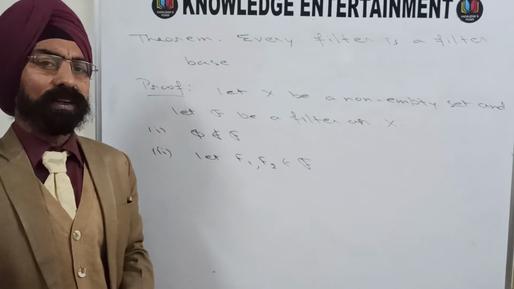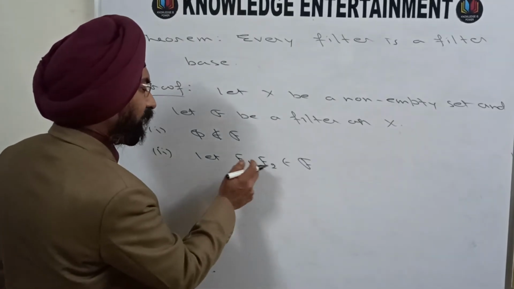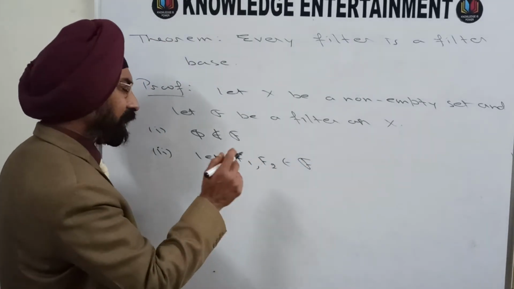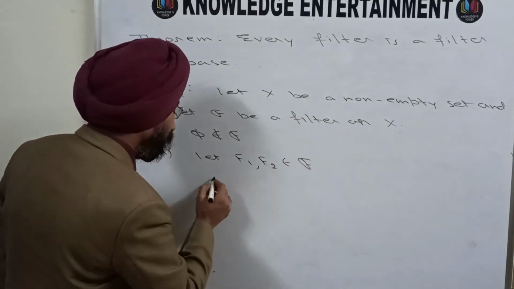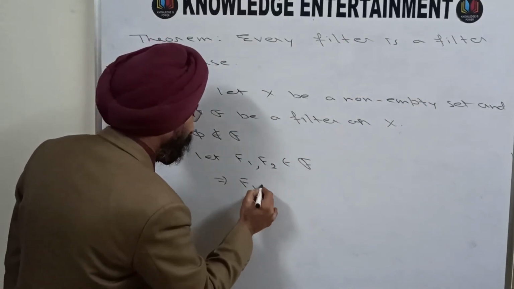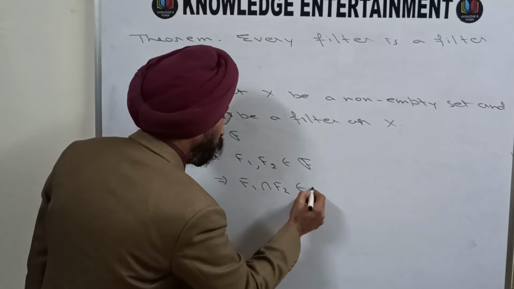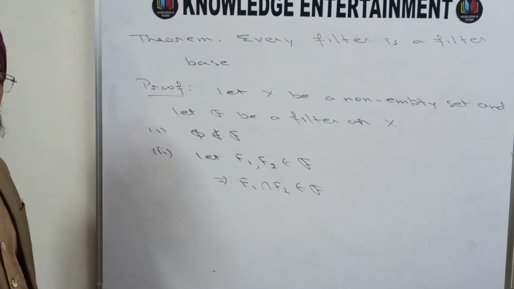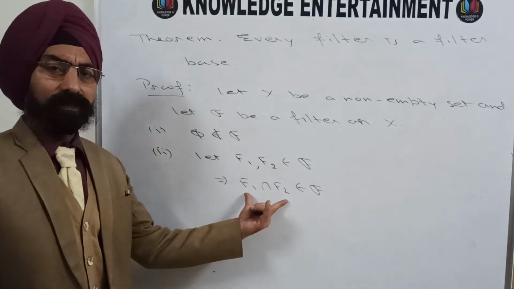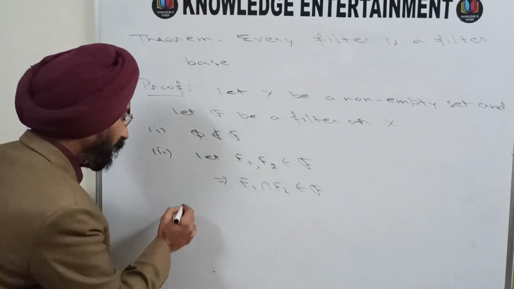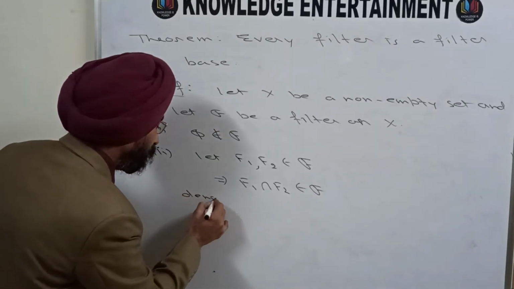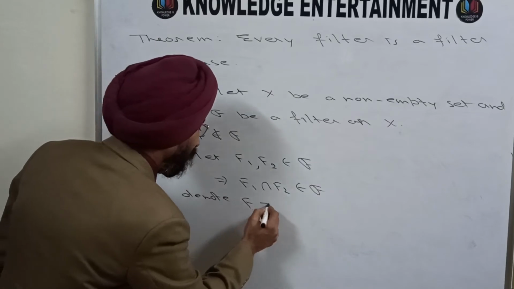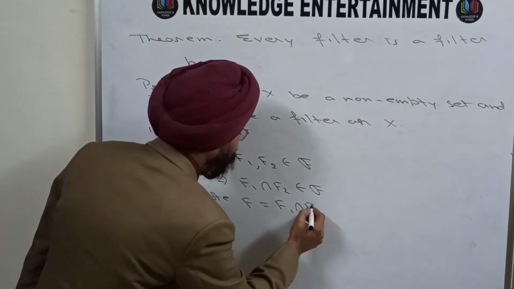By the definition of filter, third condition, if F1 and F2 are in F, then F1 intersection F2 also belongs to F. Rename it as F, denote F as F1 intersection F2.